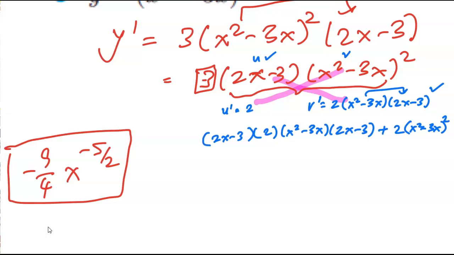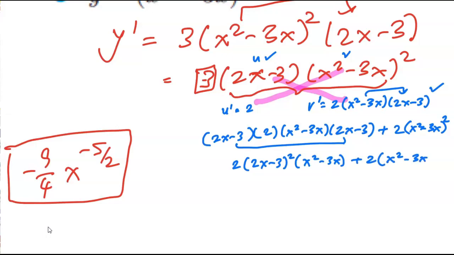Okay, and so we could square these together. We could simplify a little bit because, you know, it's easy. Okay, and then finally, don't forget that we need to bring our 3 back in.